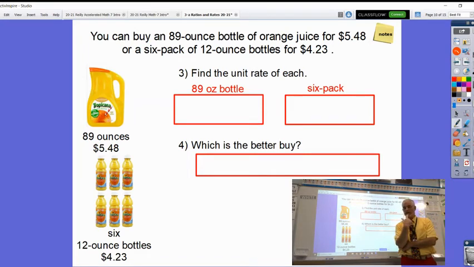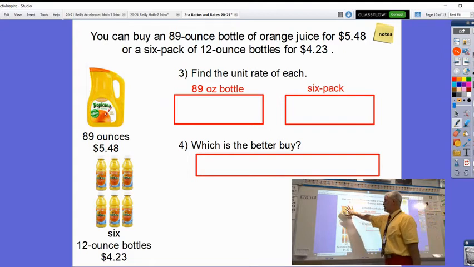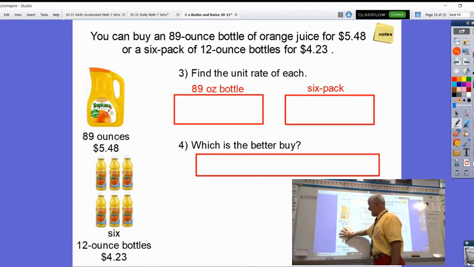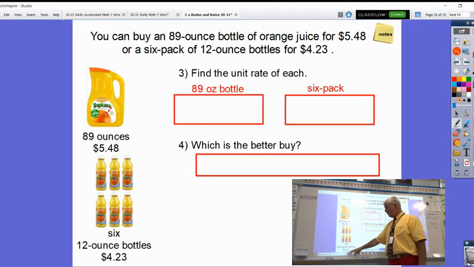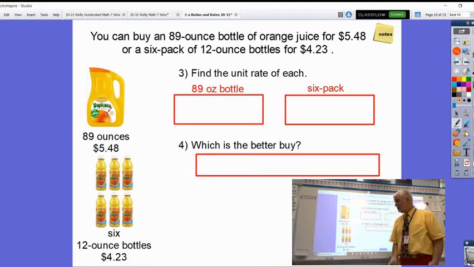So which one is the better buy? First, you have to find the unit rate, and your unit rates have to have the same units to compare them. So we're going to have to figure out ounces for each one. How many ounces of orange juice are there here for $5.48? And how many ounces are there here for $4.23?